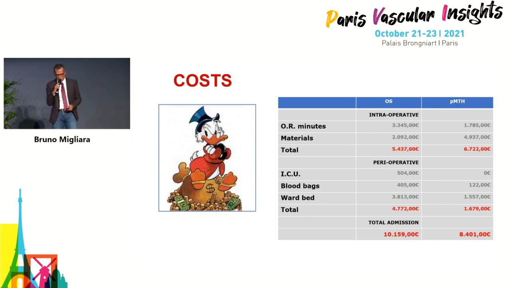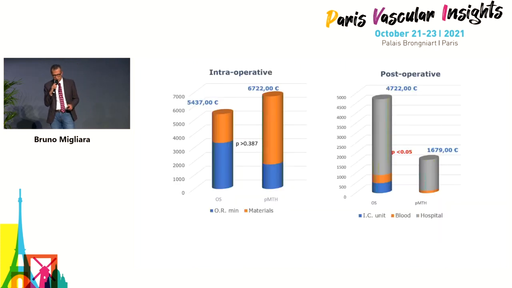This table summarizes the cost, but if we consider separately the intraoperative and the postoperative period, we can see well that in the intraoperative period, of course, the Rotarex procedure is more expensive due to the cost of the device and the endovascular materials.